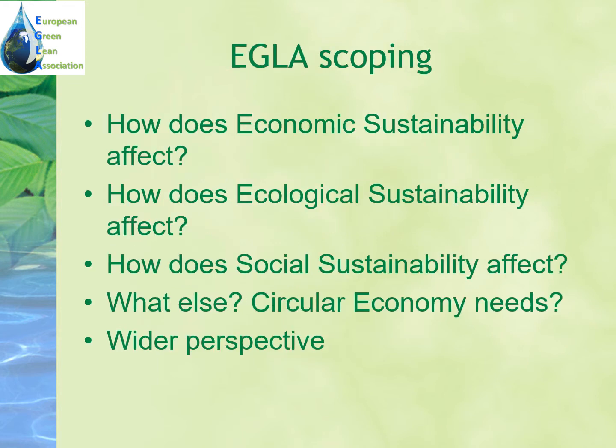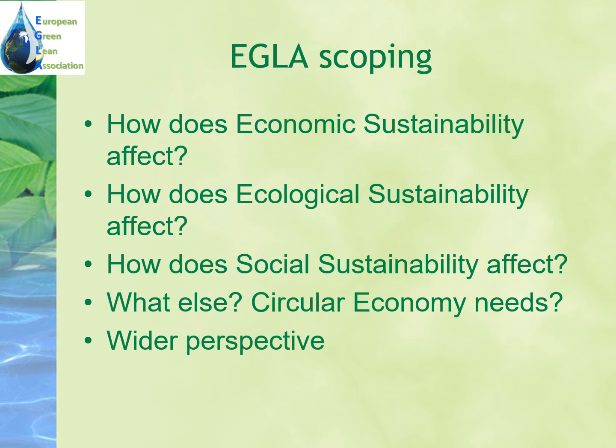And when we think about the ESG Lean approach, the Green Lean approach, or ESG sustainability approach, you also have to think, how does economic sustainability affect? Is there something additional that you have to take into account? How does ecological sustainability affect? Will there be something related to, for example, studying the materials used from an ecological point of view?